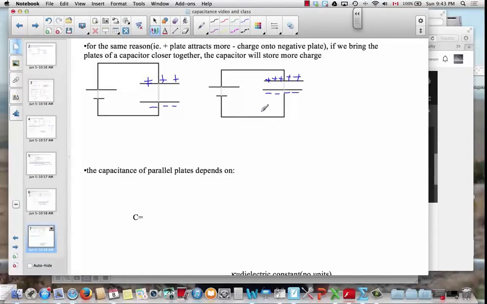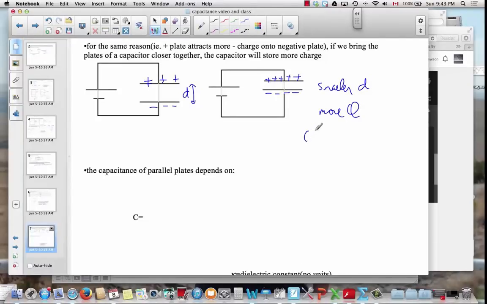So they're going to exert an attractive force and pull more charge on there. The positive plate attracts more negative charge onto the negative plate if we bring the capacitor closer together. So with a smaller plate separation, let's call that distance d, okay? With smaller d, you get more charge.